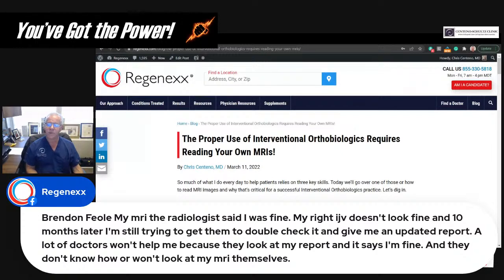Yeah, so Brendan, you have to realize that number one, a routine MRI is not going to show the internal jugular vein well. While you'll see something there that looks like an internal jugular vein, it's highly susceptible to movement artifact. Since the vein or the artery is pumping or has pulsatile contractions, you're not going to get a good look.